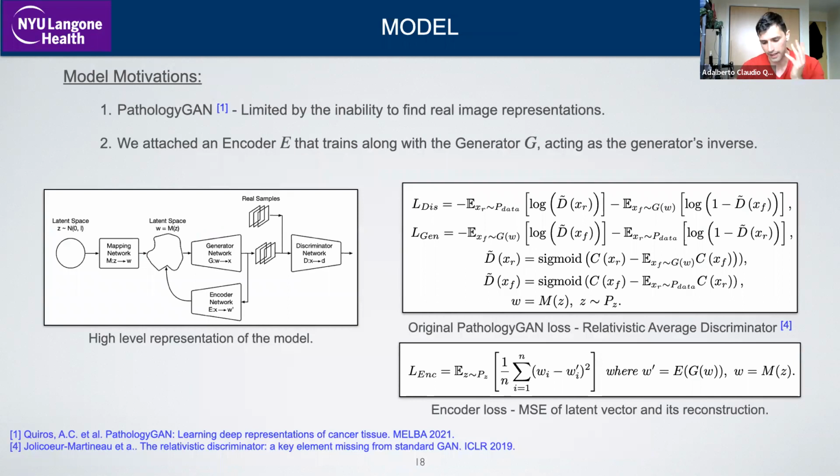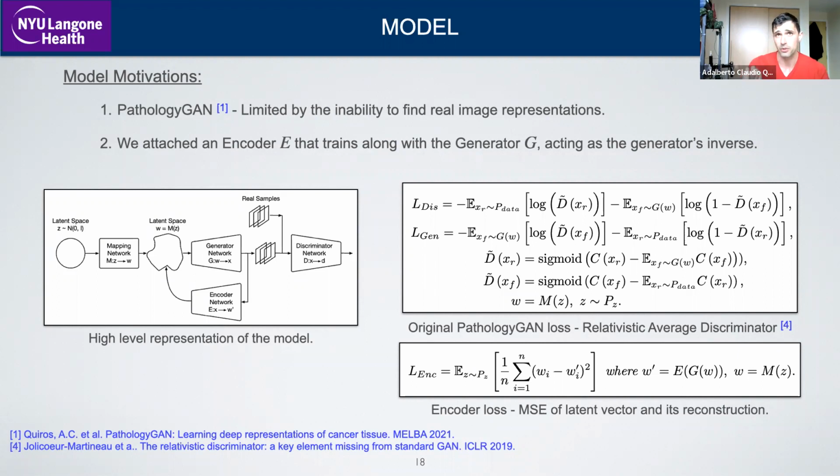So like I said before, the motivation was to try to find representations of tissue tiles. And this is more a spin-off that we did after the paper, that I think is where it brings in how we can use real data with the model. And the limitation from the original PathologyGAN was that we couldn't find representations of real images in a quick and easy way.